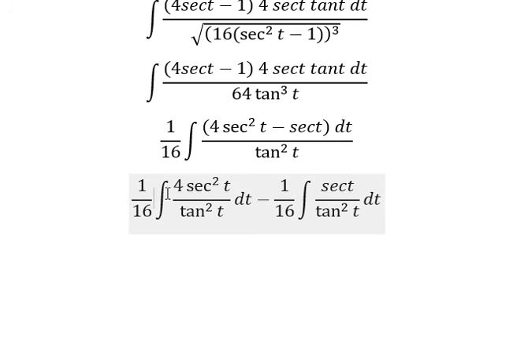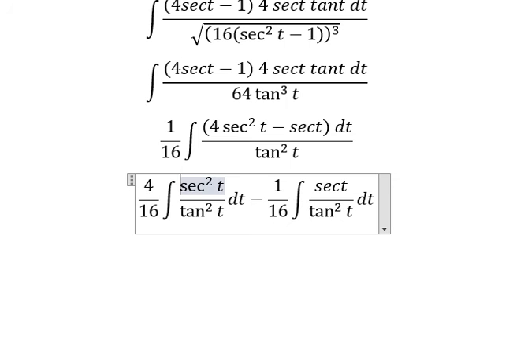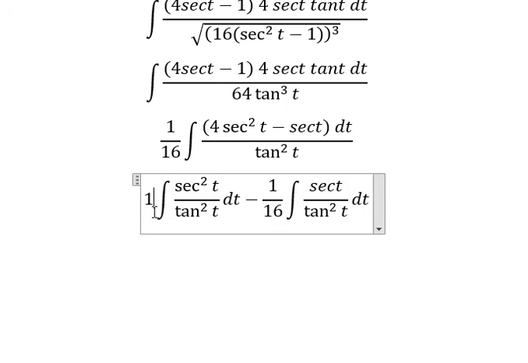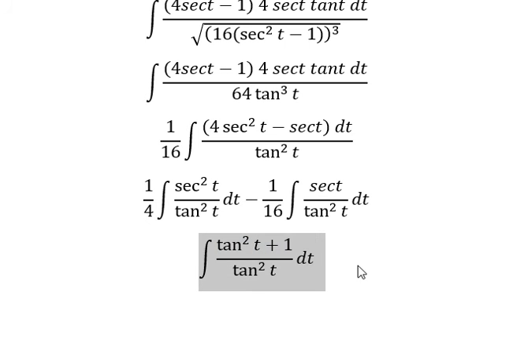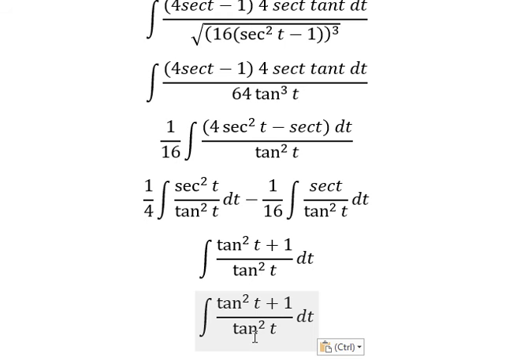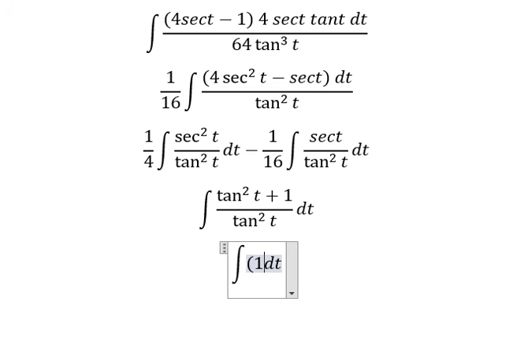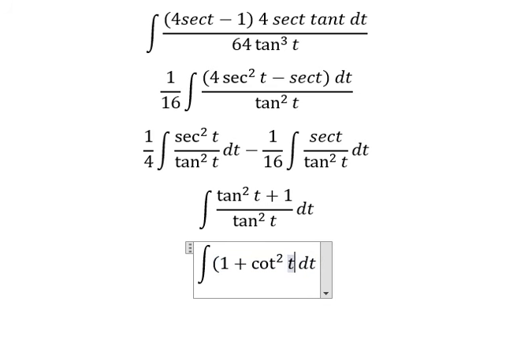Now I will concentrate on this one. So I put number 4 outside too. So this one we will have 1 over 4. About this one, I can put it into tan t squared plus 1. So tan t squared divided by tan t squared, number 1 divided by tan t squared, we will have 1 plus cotan t squared.